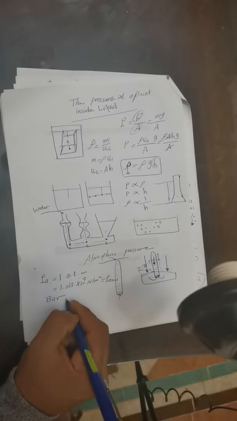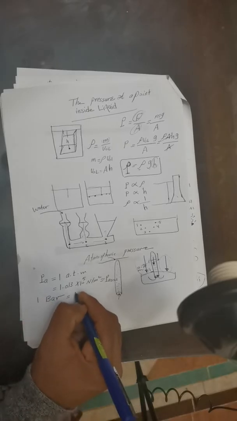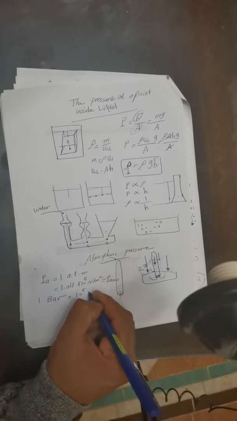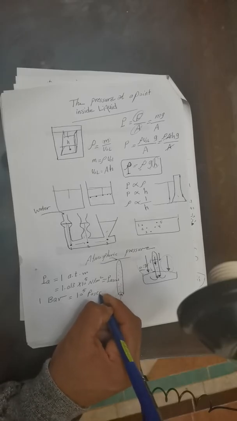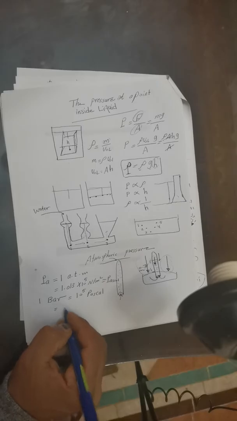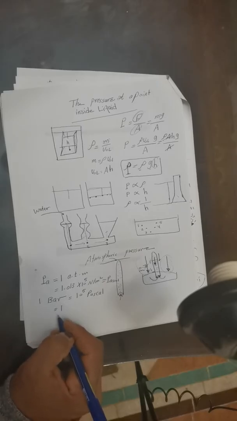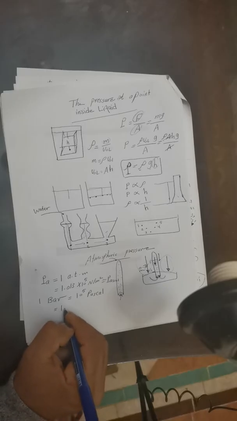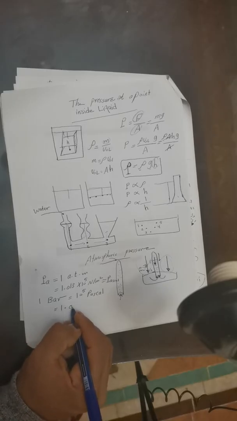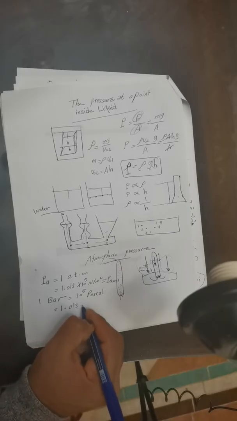Each 10 power 5 pascals equal 1 bar. So 1 bar equals 10 power 5 pascals. So we can substitute Pascal or Newton per meter square by bar. So atmospheric pressure in the unit bar equals 1.013 bars.